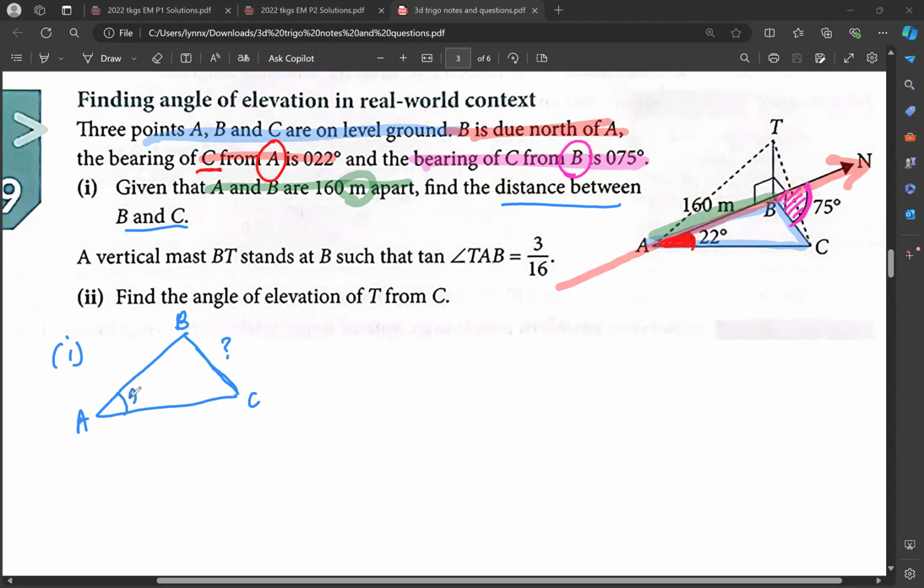Angle BAC is 22 degrees. What else? CBA, yes. How to find angle CBA? So that's right. Angle CBA is equal to adjacent angles on a straight line. Yes. And what is the answer?